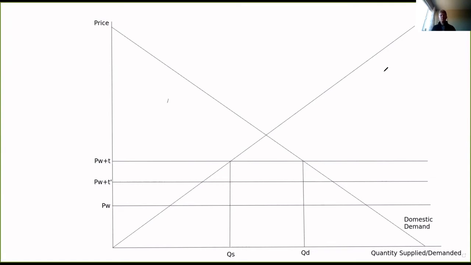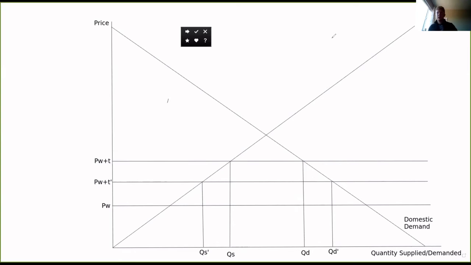So next, let's suppose that the government, which was initially applying a specific tariff of T, reduces that specific tariff to a lower one of T prime. Well, what is going to happen to the amount that's demanded and supplied?